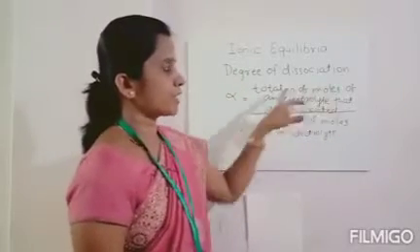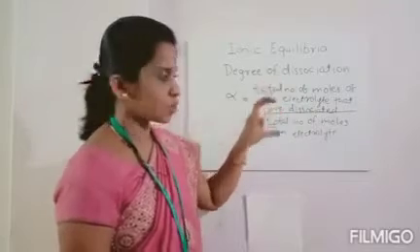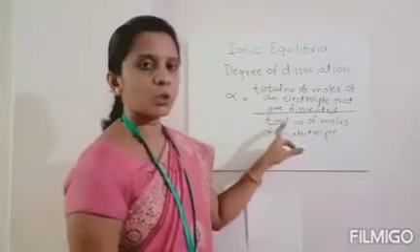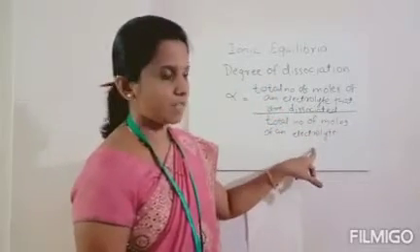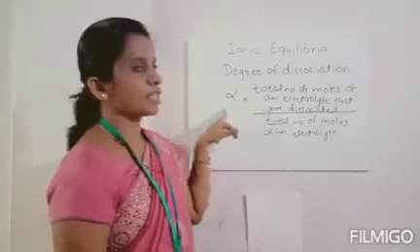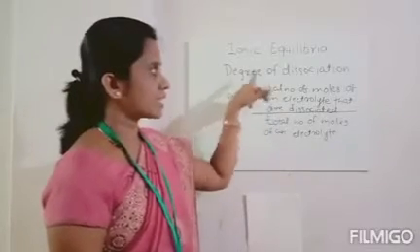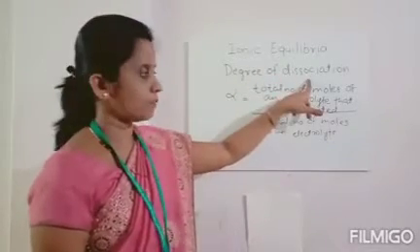Number of moles of an electrolyte that undergo dissociation divided by total number of moles of an electrolyte. So it is called as alpha, that is degree of dissociation.